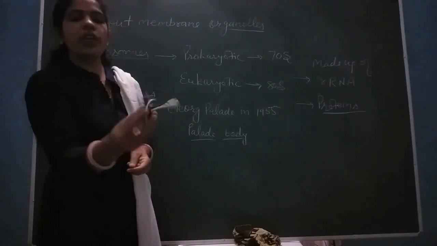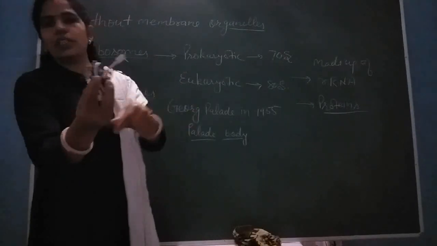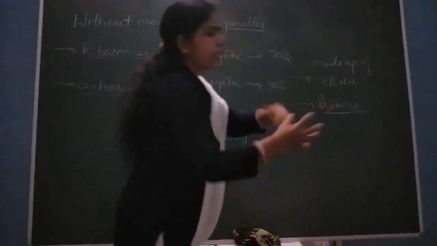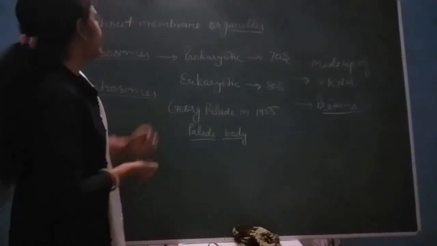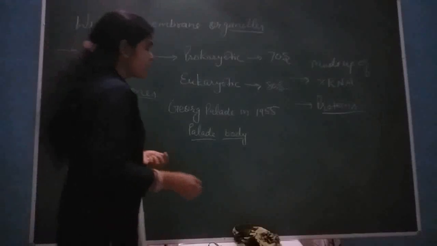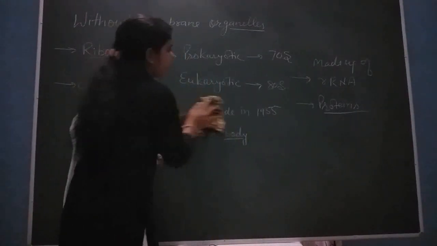So there is no need of a membrane which encloses this. Similarly, both proteins and rRNA fold upon one another and form a structure that is called a ribosome. Now we will see the different types of ribosomes.